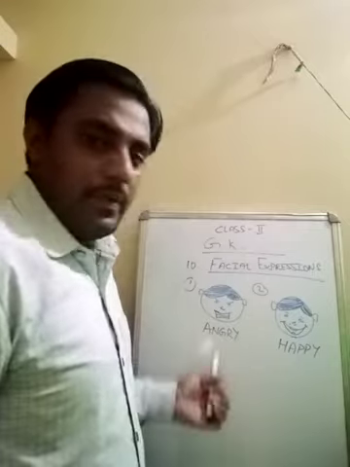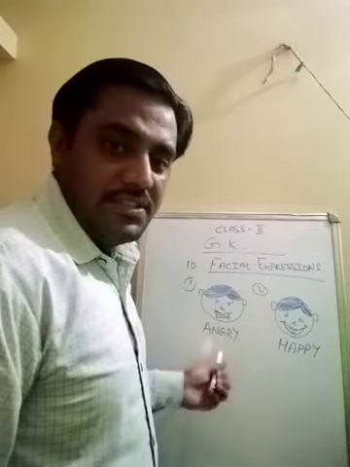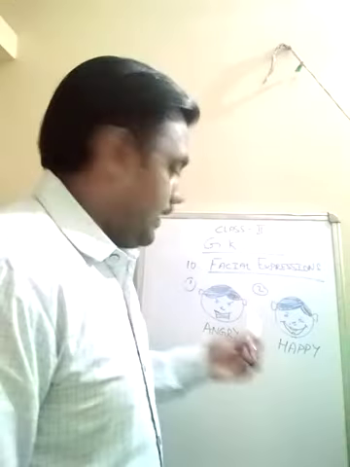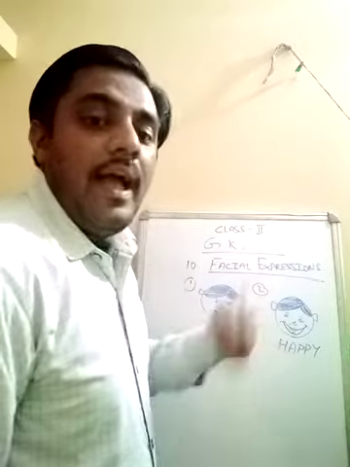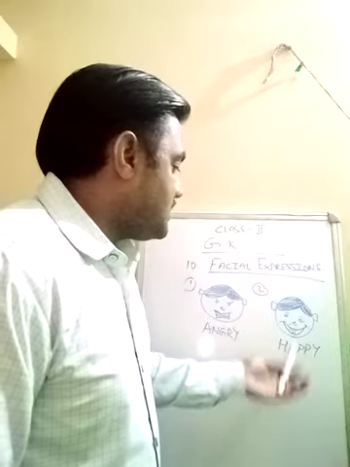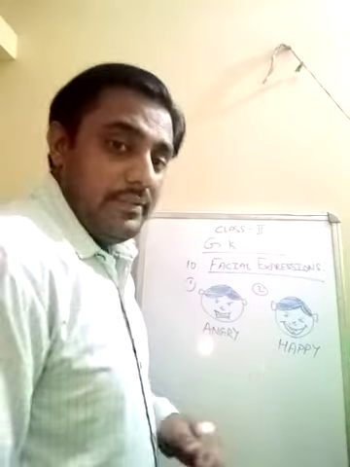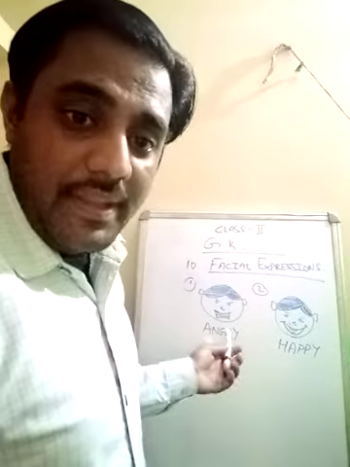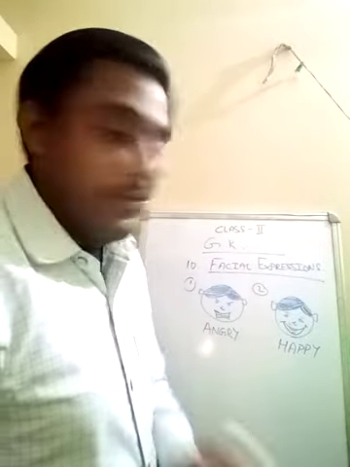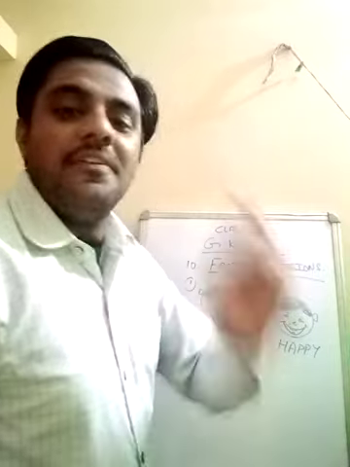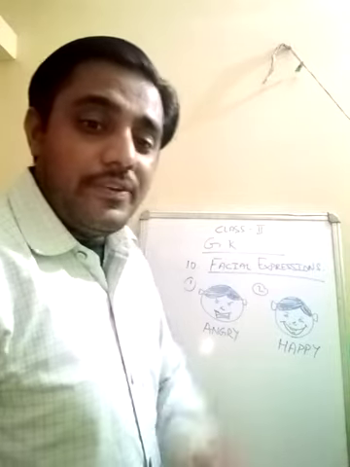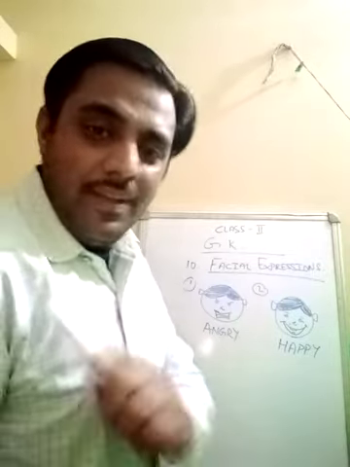One is when we are angry, and another when we are happy. Now please remember, being angry, not good. Being happy, very good. Try to be happy as much as possible.